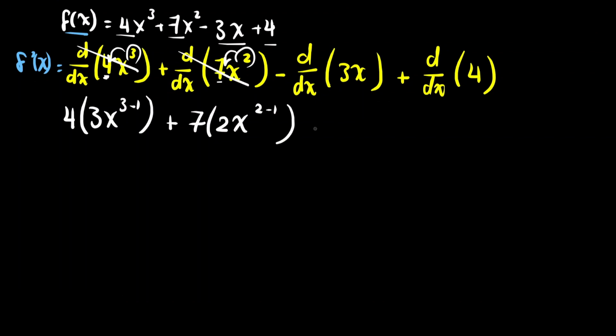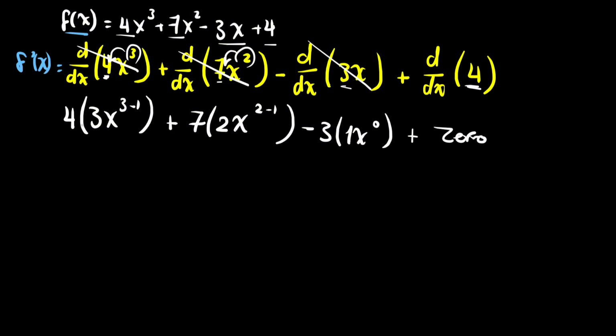And we're done with this. Minus, let's get the derivative for this one, which is going to be 3 multiplied by 1x to the power of 0. And we're done with this, and the derivative for any constant or any number is always 0. So this one is going to be 0.